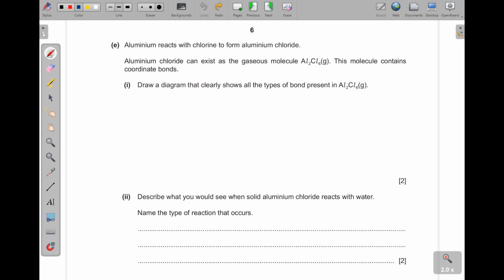So I will have aluminium here, and then I have another aluminium here, then 6 chlorine atoms. Just place them just like that. So this aluminium chloride is electron deficient. So I can do that. They have shared the 2 electrons, 2 electrons, 2 electrons.